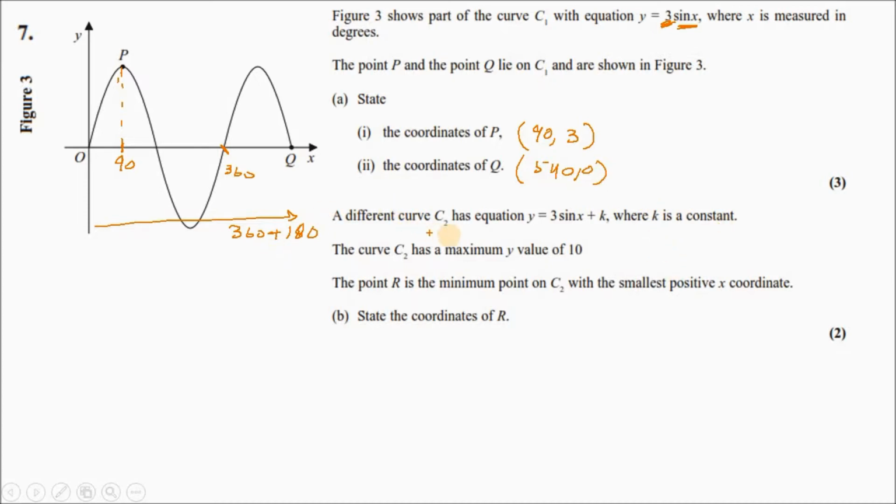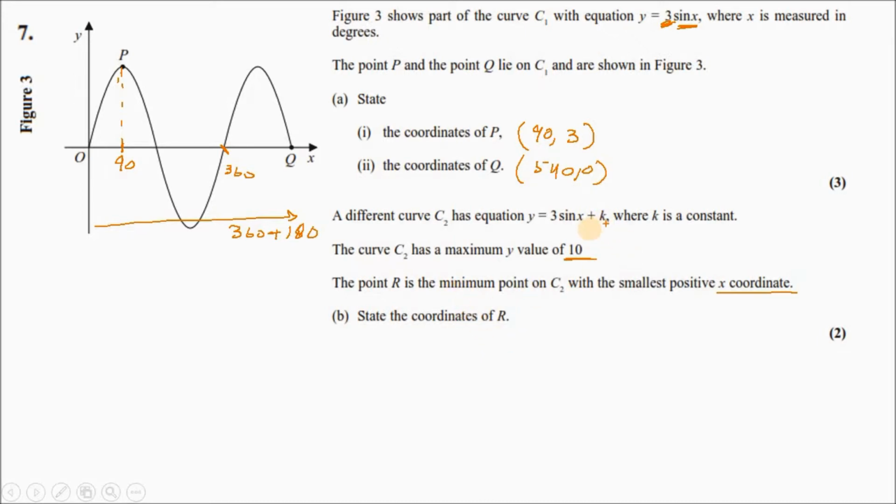So a different curve C2 has equation y equal to 3 sine x plus k, where k is a constant. The curve C2 has a maximum y value of 10. The point R is the minimum point on C2 with the smallest positive x coordinate. State the coordinate of R. Now, this is a question about translation of the curve, that means shifting the curve left, right, up and down.